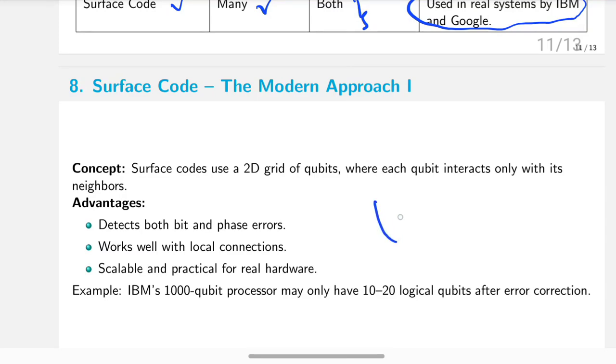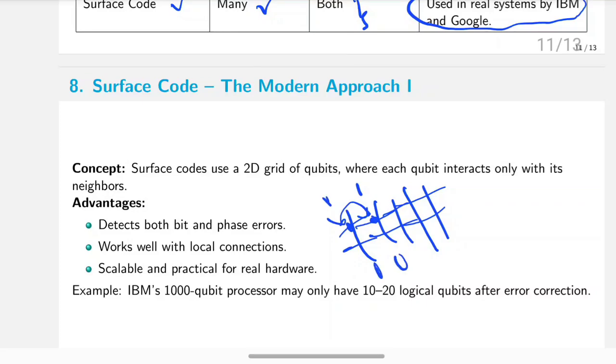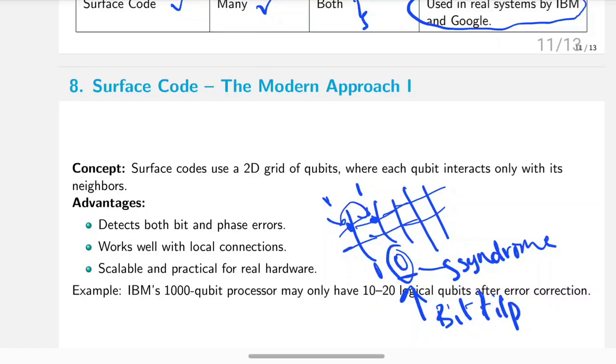The qubits are arranged in a 2D grid, and each qubit interacts with its neighbors. If, for example, the information is 1 and an error comes during the calculation, this error we call a syndrome. When the helper qubit says the syndrome has occurred, we apply a bit flip to regain the actual state. That is what the helper qubit does.